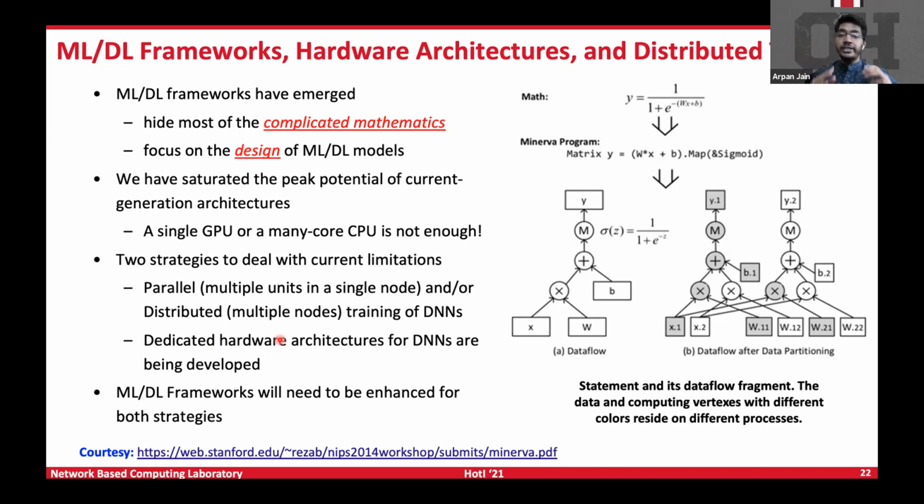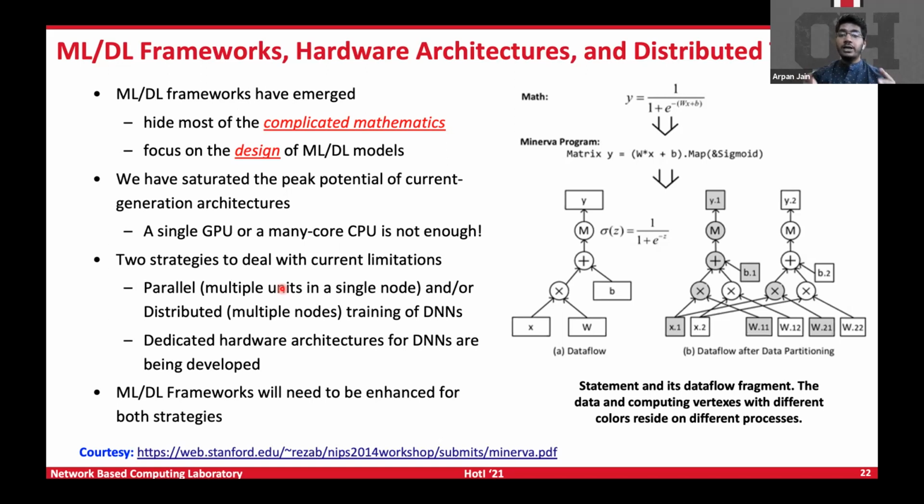So you need to modify the deep learning framework so that it can use all of those exciting features. On the other side, if you want to do distributed training, and you have a very basic implementation of distributed training, then you will not get very good performance or scalability.